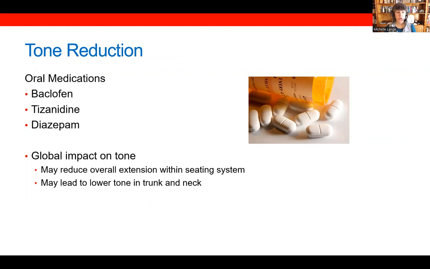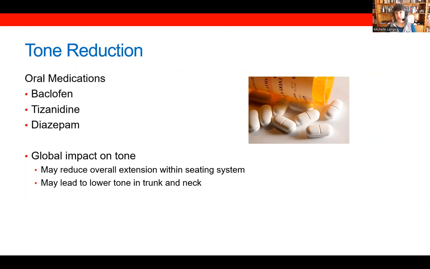So tone reduction is often accomplished through oral medications, and there's a number of them on the market, but the three that are probably most commonly used in the US right now are baclofen, tizanidine, and diazepam. These result in a global impact on tone.